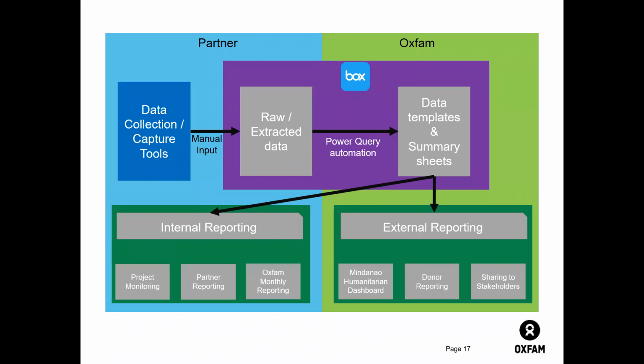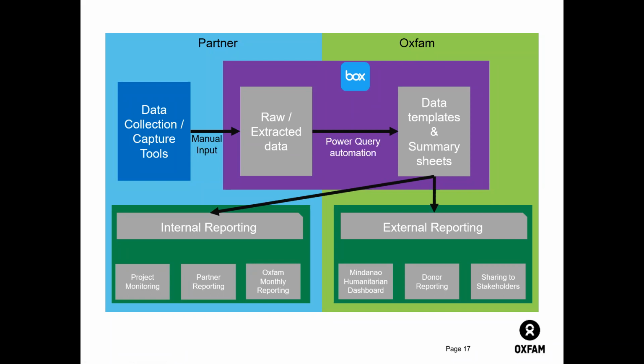Once the data is in Box, we have Power Query automation, which takes that raw data and puts it into a number of different templates and summary sheets around participant data, activity data, and what have you. Those summary sheets and templates, which have been created automatically, are then used for the reporting.